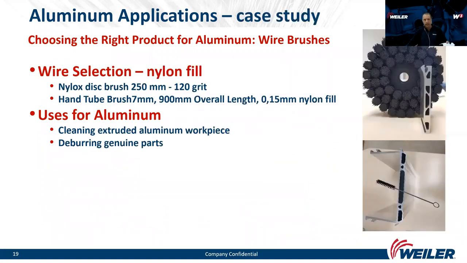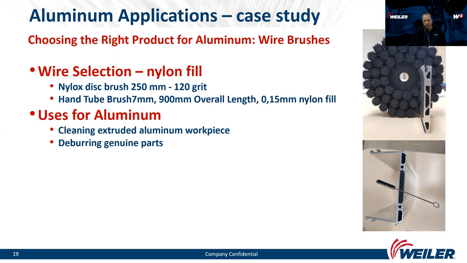This last slide I prepared to present once again the Weiler commitment to help solve our customers' biggest challenges. In these two particular cases, you can see applications for deburring aluminum parts for the automotive industry.